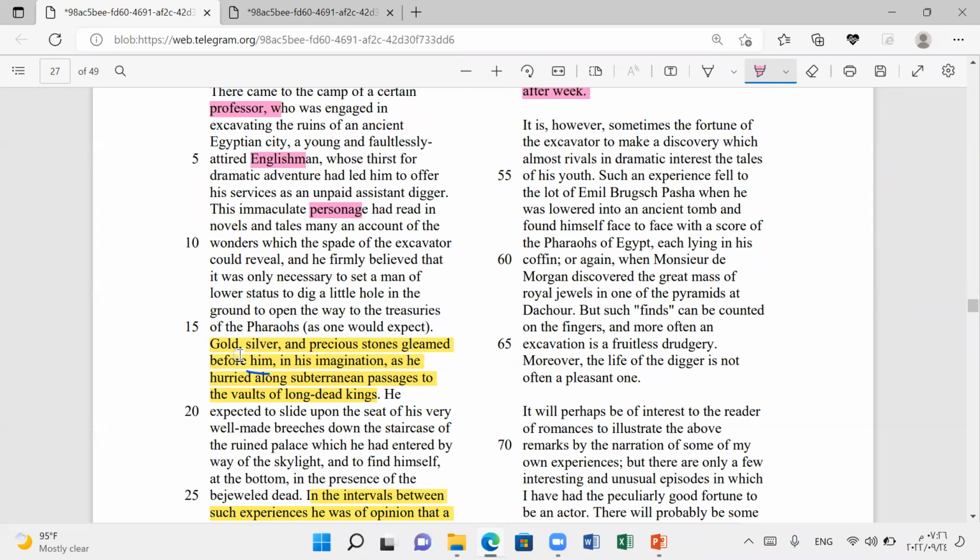"Gleamed before him in his imagination." So it's not really going on. It's not really gleaming before him. It's only in his imagination. "As he hurried along subterranean passages to the vaults of long dead kings." Yeah, he is digging.